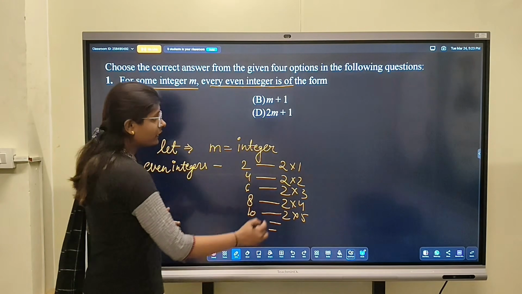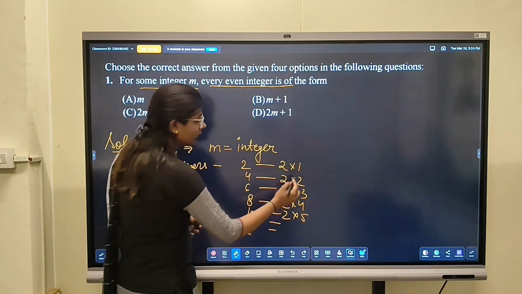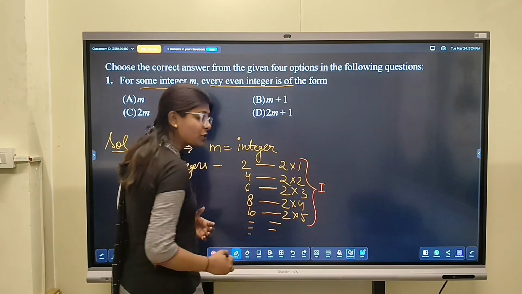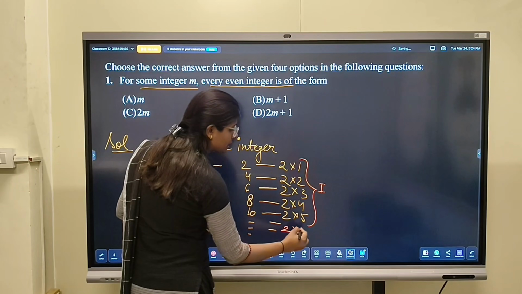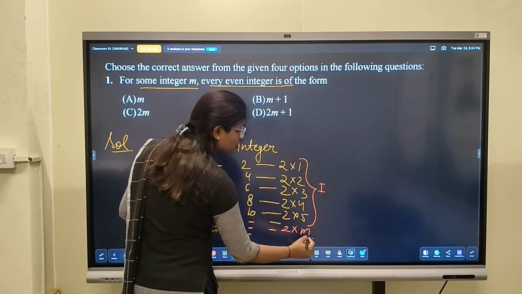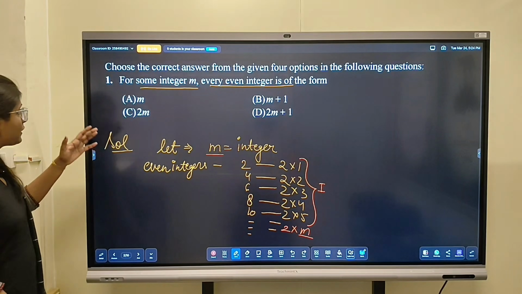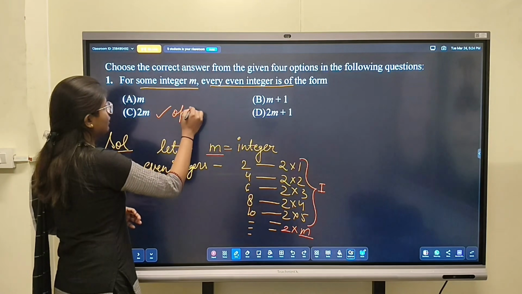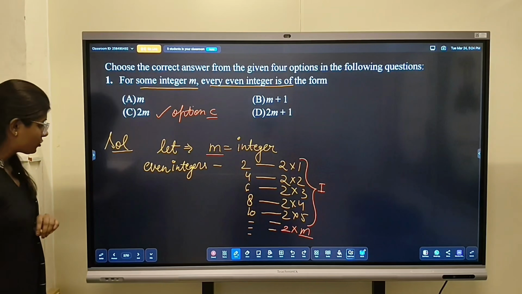So can I say that these later numbers are the integers? After some time, there will be a point where it represents 2 times m also, because we said that m is an integer, right? That's why option C would be the correct answer. 2m is the correct form for even integers.